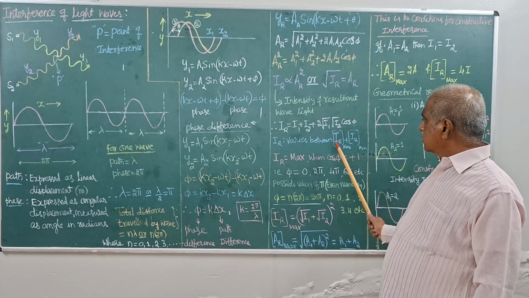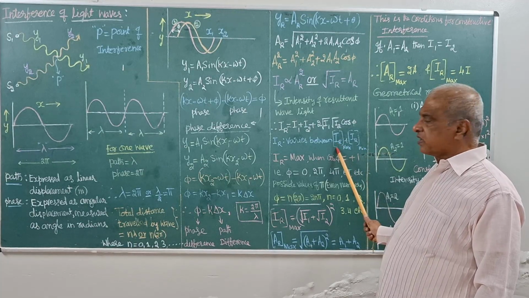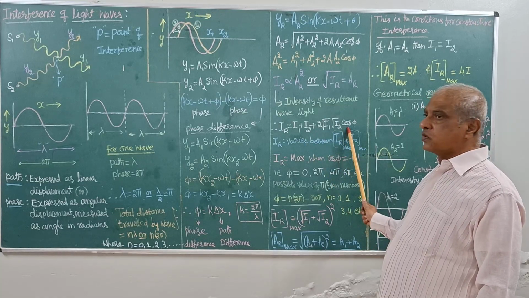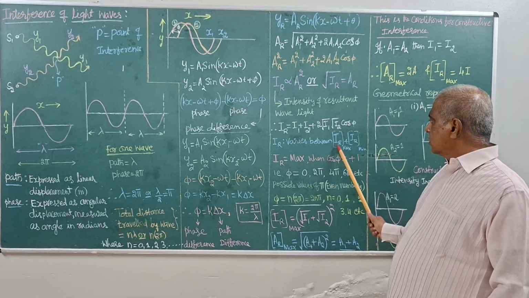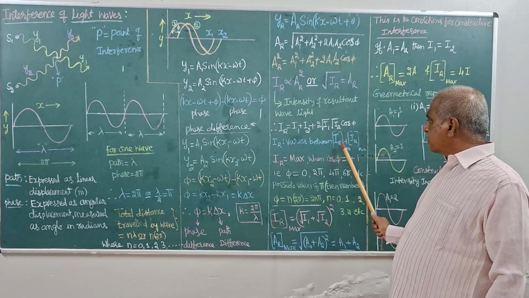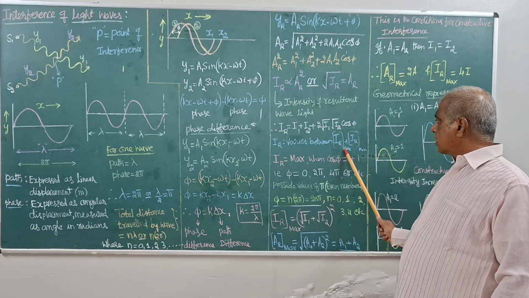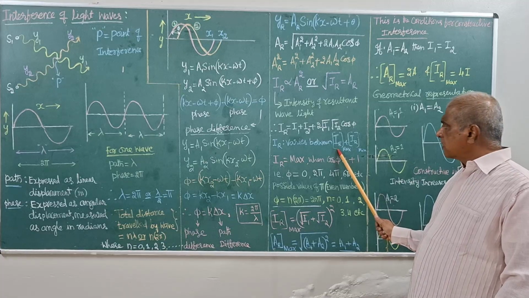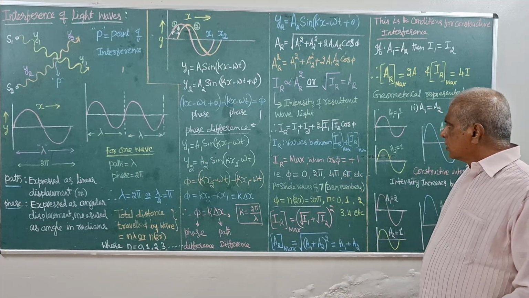So let us calculate the limiting values, the highest and lowest, from this equation. We can assess the possible values of IR maximum and then IR minimum. So let us evaluate IR maximum.